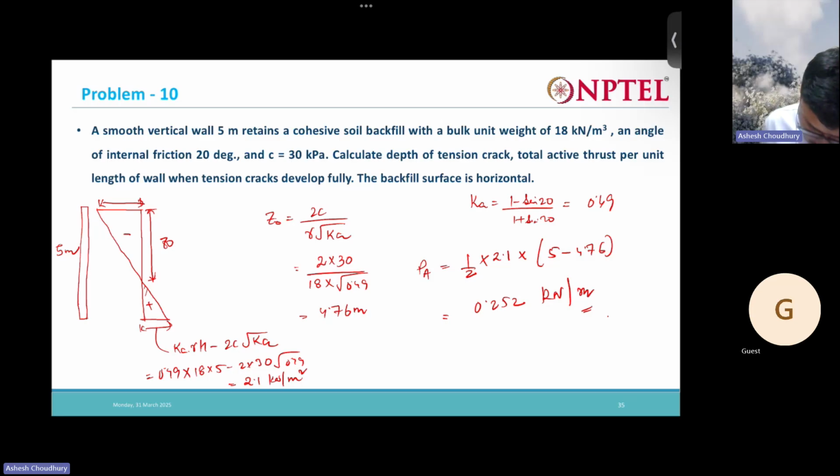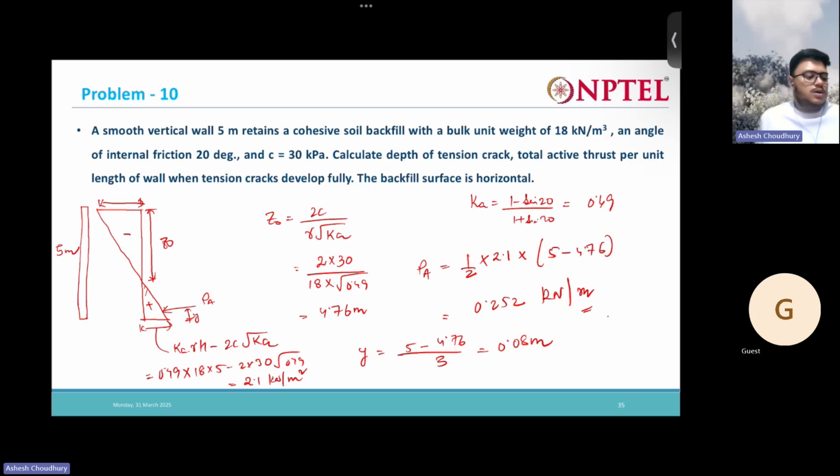Okay, if you want to find out the Y, it is nothing but 5 minus 4.76 by 3, that is 0.08 meter. So here is acting, this is my Y.